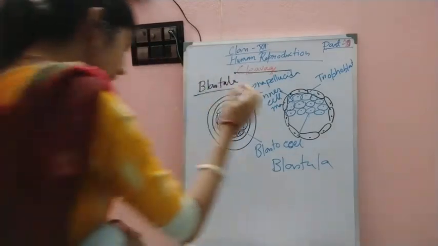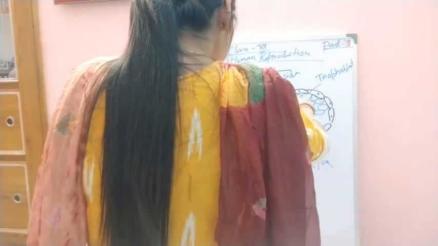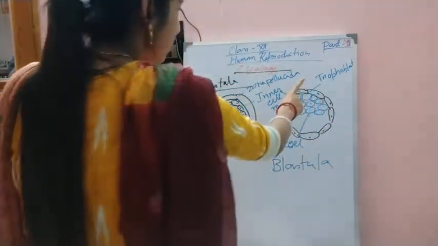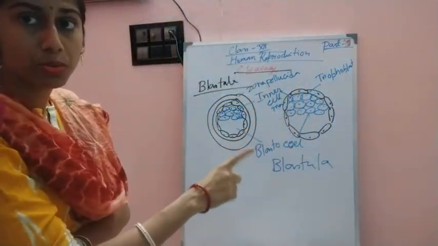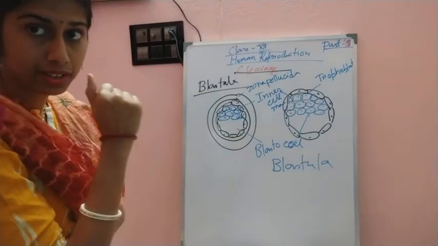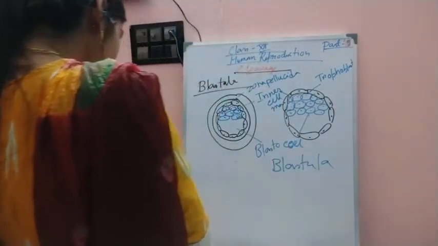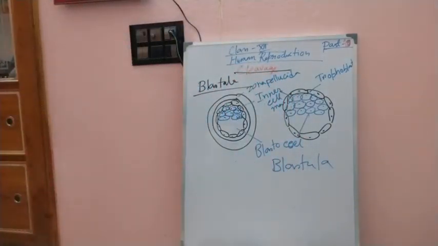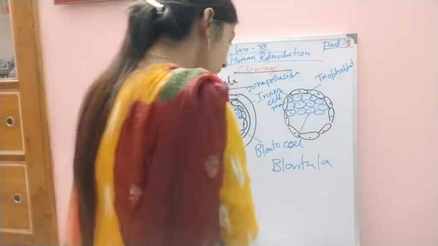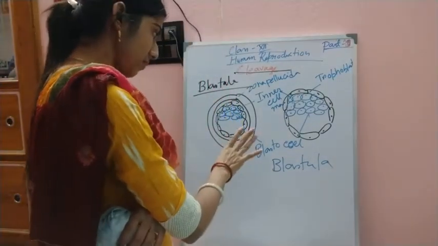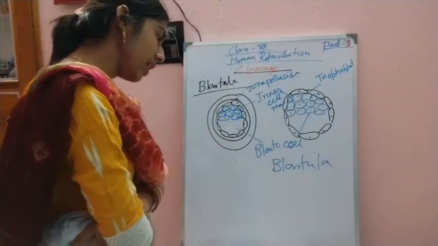And trophoblast cells will be in contact with the embryoblast at the animal pole. As I have mentioned, there are two poles, one is the animal pole and another is the vegetal pole. So they will attach at the animal pole. And after that morula and blastula formation has taken place.